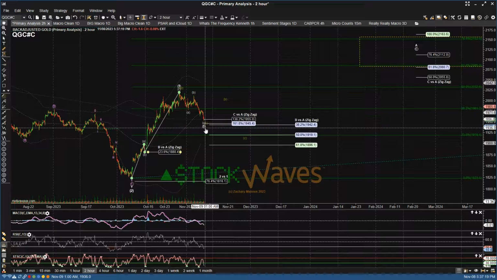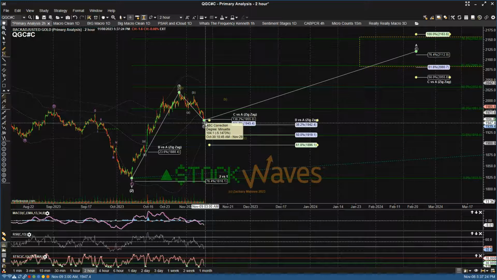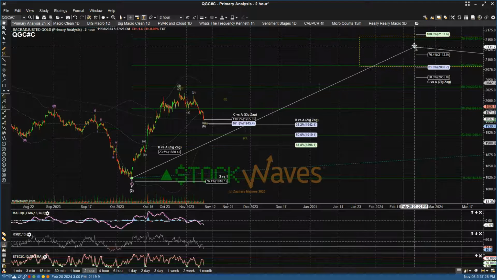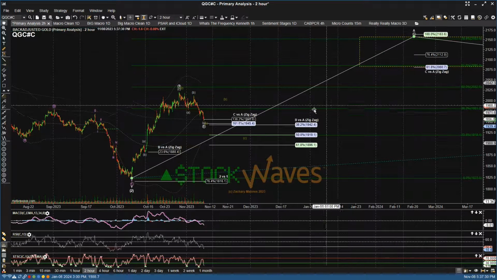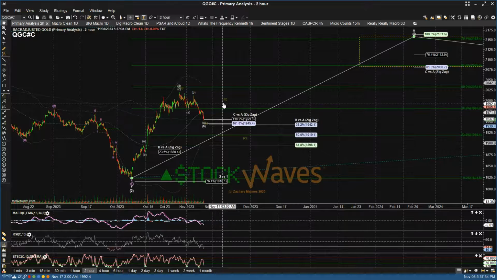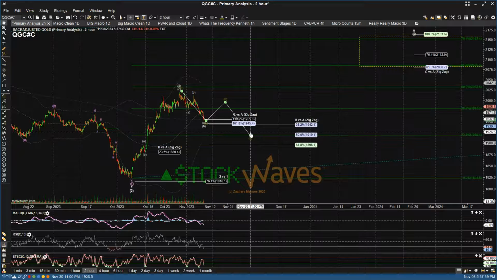But here the ideal is that this is completing all of the B wave, and then that sets us up for a nice measured move that should get closer to the 76.4 in the green fibs there. But we do need to allow for the potential of this getting that wider and deeper flat.